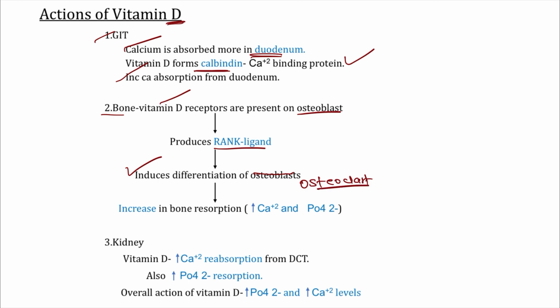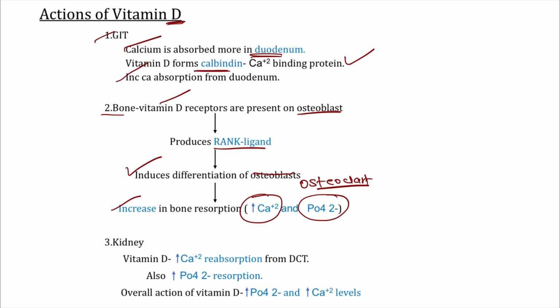Now, because of this differentiation, there will be increased osteoclast activity, and that will increase the bone resorption, meaning increase in calcium and increase in phosphate. So you can see here the action of both parathormone and vitamin D is similar on bone.